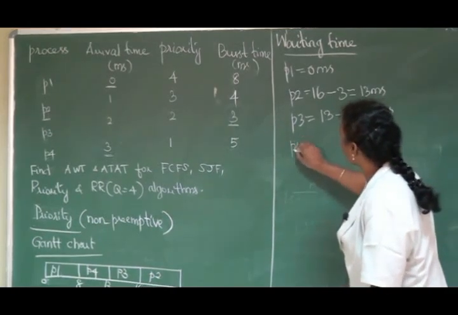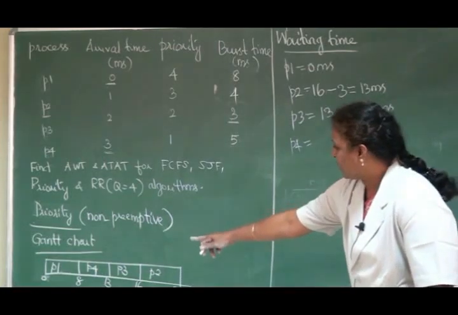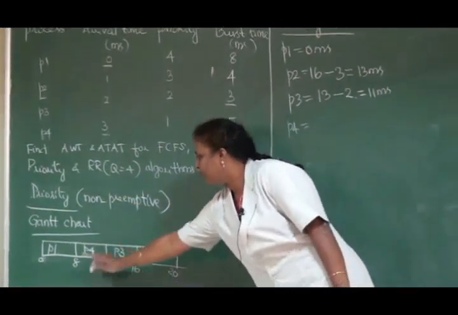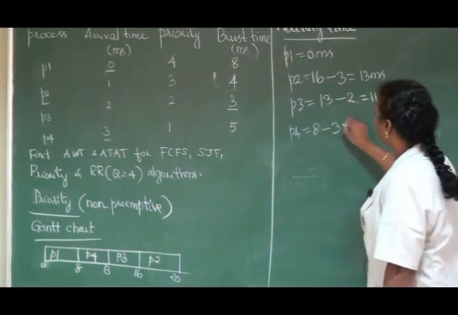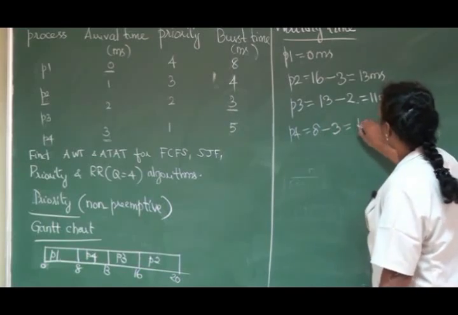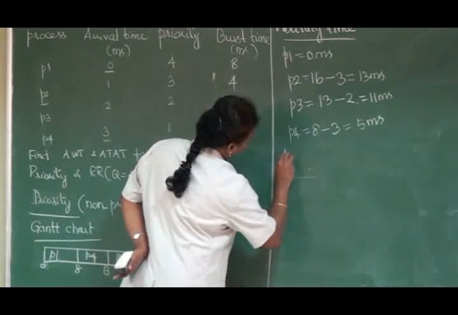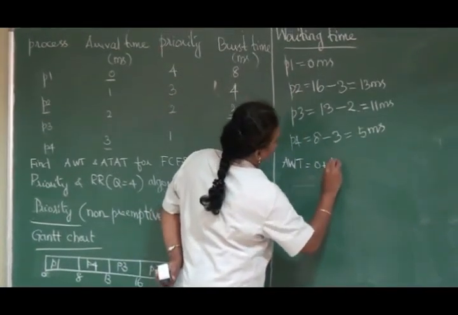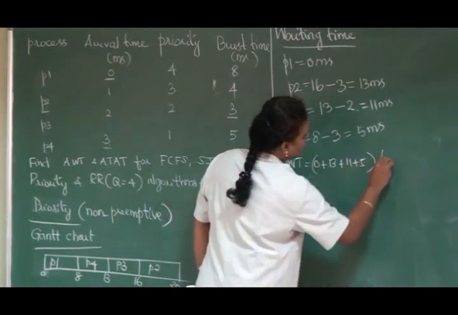Then P4 arrived at the 3rd millisecond and it is getting the CPU in the 8th millisecond. So 8 minus 3. So this will become 5 milliseconds. So now average waiting time is equal to 0 plus 13 plus 11 plus 5 divided by 4.